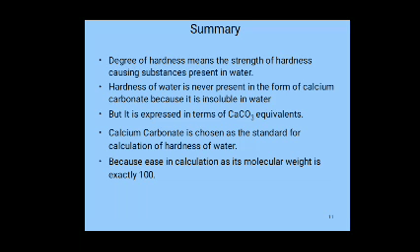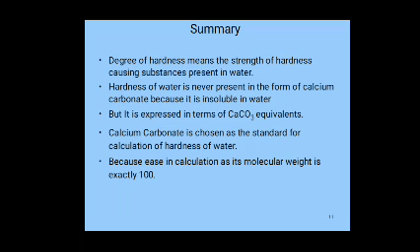Calcium carbonate has one calcium atom, one carbon, and 3 oxygens. Calcium atomic weight 40, carbon atomic weight 12, oxygen atomic weight 16. That is Ca plus C plus 3 into O: 40 plus 12 plus 3 into 16 is 48.